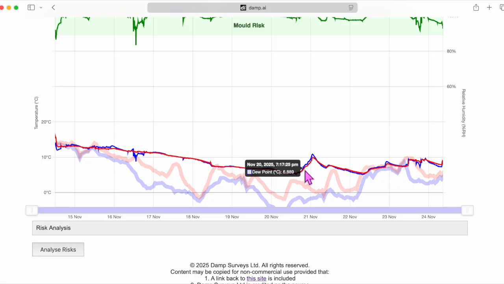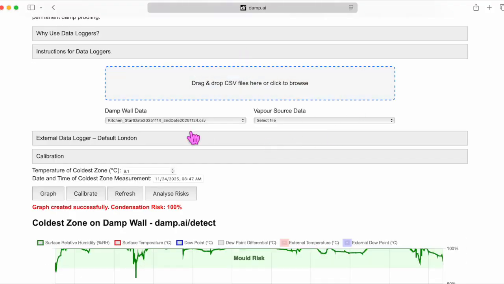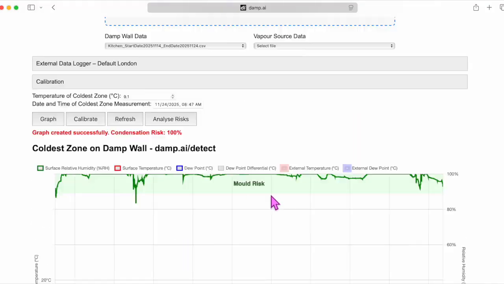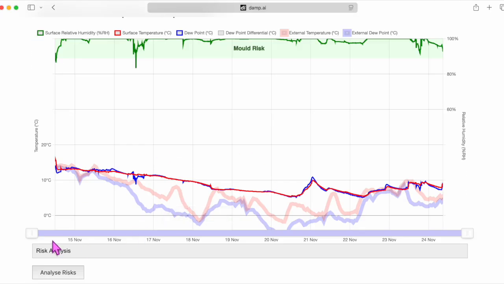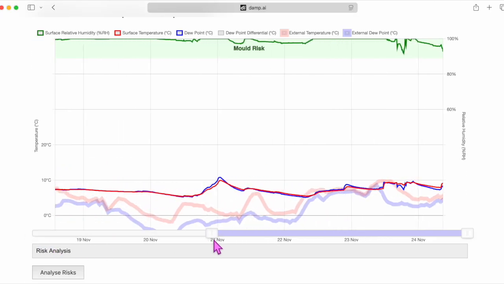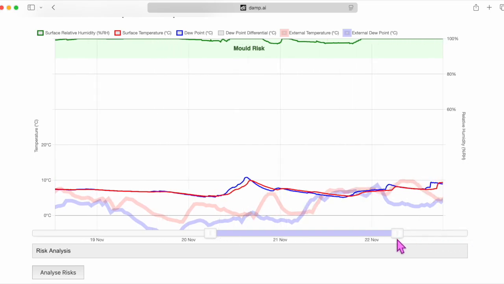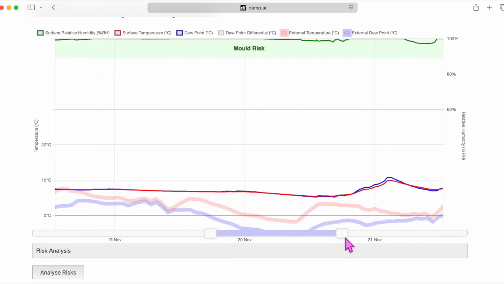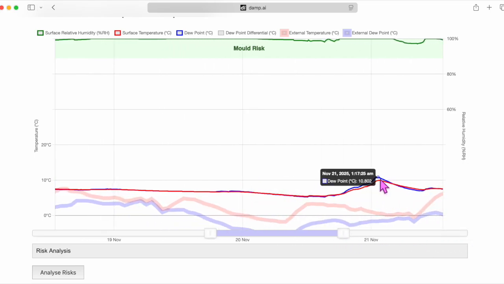I can't show you the dew point differential because the living room data logger wasn't sent for some reason. But you can do it yourselves. Just drag and drop it onto damp.ai/detect. And then you can zoom in at different days and look and think to yourself, well, what happened on the morning of the 21st at 1:17?